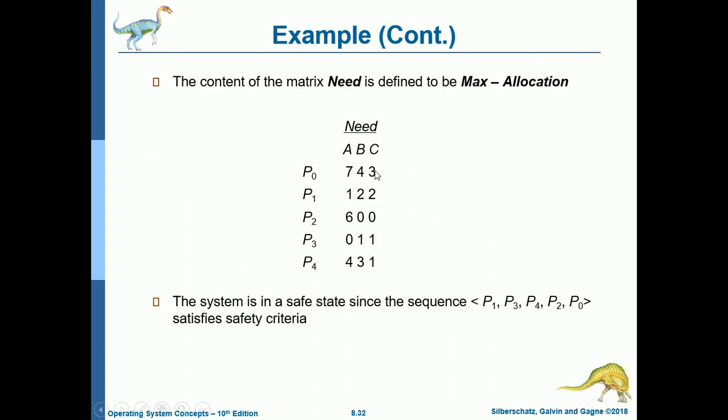By means of the need, the system is in a safe state since the sequence P sub 1, P sub 3, P sub 4, P sub 2, P sub 0 satisfies the safety criteria. Again, I'm going to show you how this sequence happened. Why is the sequence like that? It is derived from the banker's algorithm, from its algorithm.